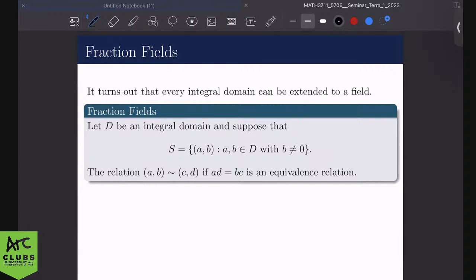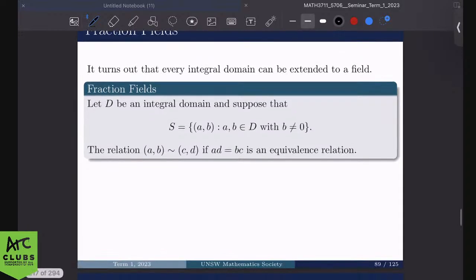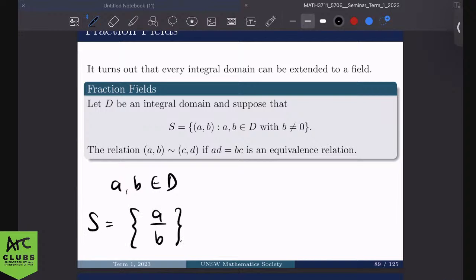Basically, if you've got A and B in a domain, then S, the fraction field, you can think of as the set of A on B. But the thing is, we can't really define division in a domain.